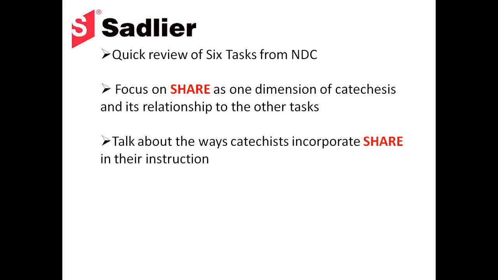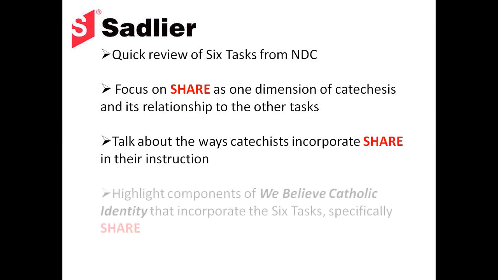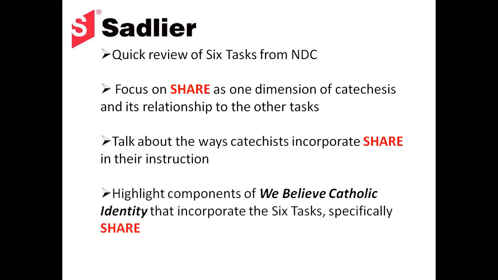Importantly, I want to talk about the ways catechists incorporate share in their instruction in the classroom. And then I want to highlight some components of We Believe Catholic Identity that incorporate the six tasks, specifically share, as well as mention some other Sadlier resources that are available.